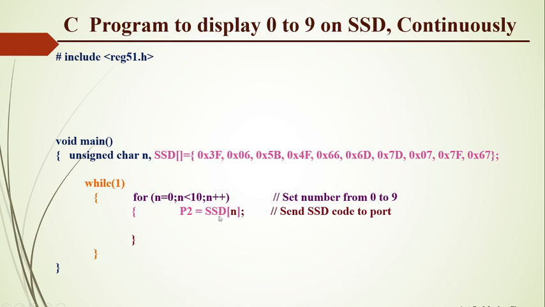In this instruction, P2 is equal to SSD, and in square brackets we have mentioned n. This variable n is the index for these hex values. Initially as n is 0, the zeroth value of this array will be loaded into port 2, that is 3FH.